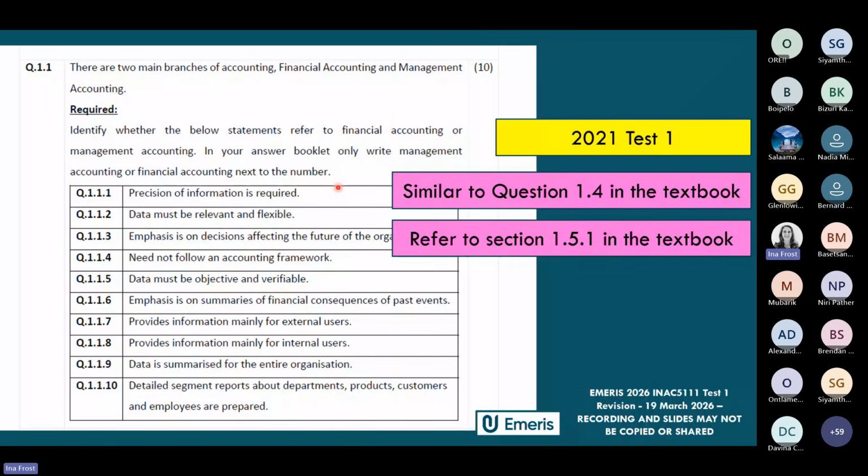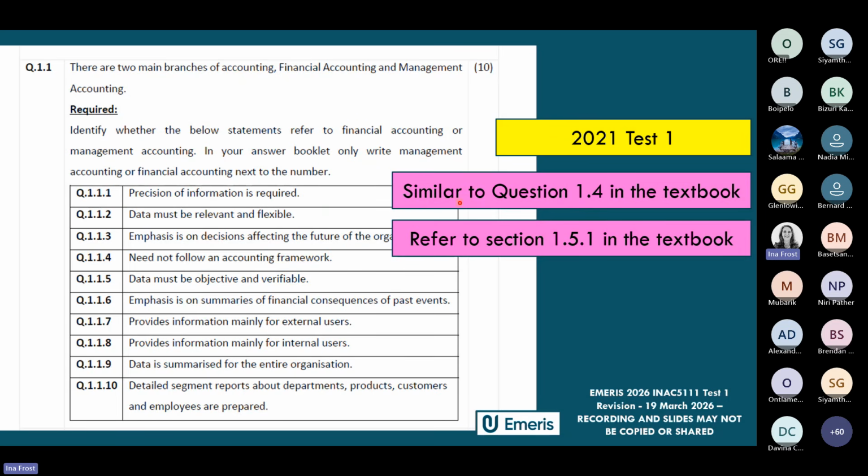The next type of question was they gave the student 10 examples of functions fulfilled either by management accounting or financial accounting. And then the student just had to indicate for each one of these, would that be done by the management accounting department or the financial accounting department?